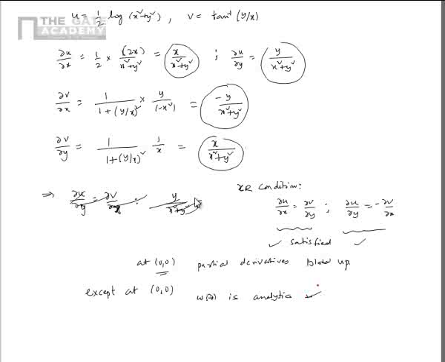Okay, so now if it is analytic, we are supposed to find out what is the derivative. dw by dz will be equal to ∂u/∂x plus i ∂v/∂x. So that will be basically x by x square plus y square, which we have just found out, and i into minus y by x square plus y square.